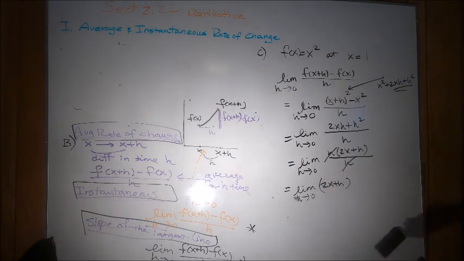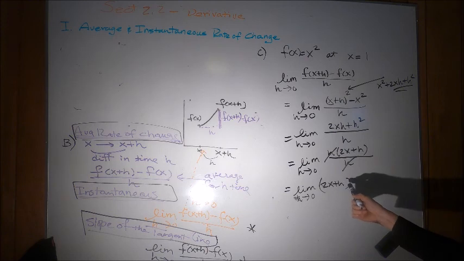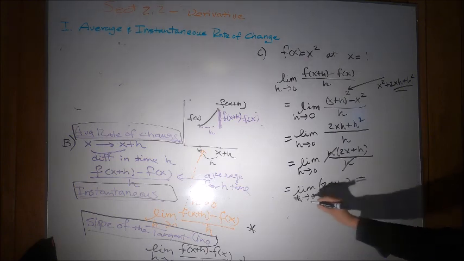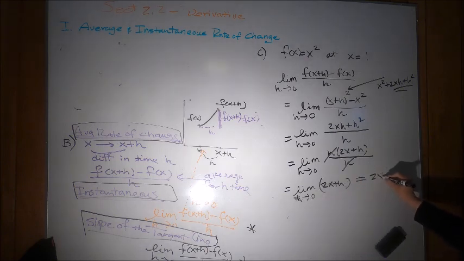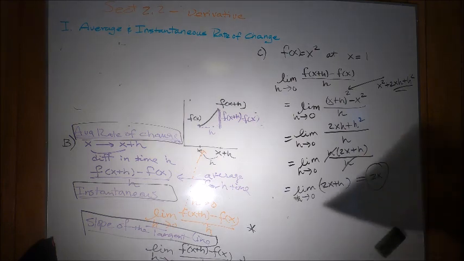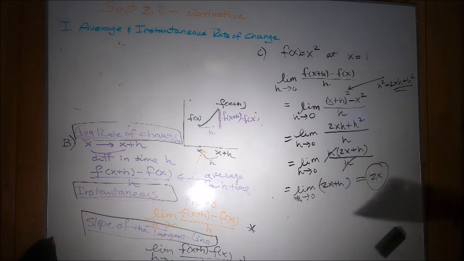We try to find the limit. So can we directly plug in now? Yes, right? So h is 0, you end up with what? 2x. So we find that the limit is 2x. What was the question?